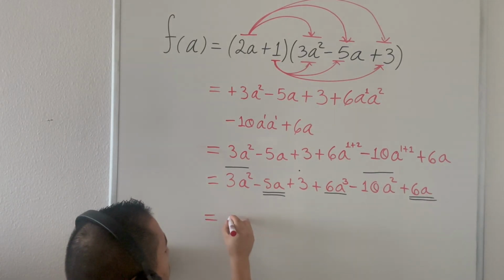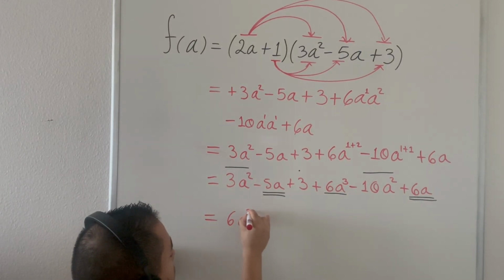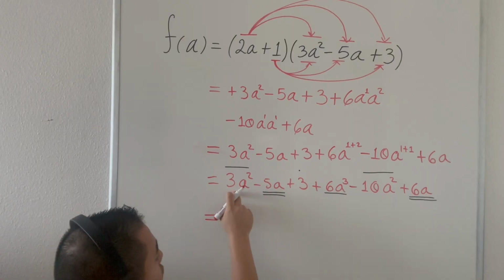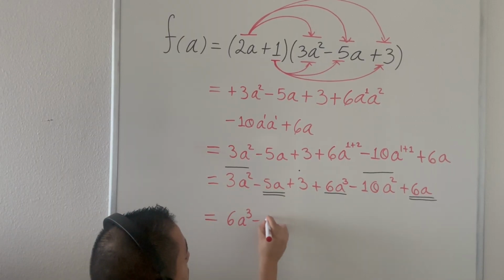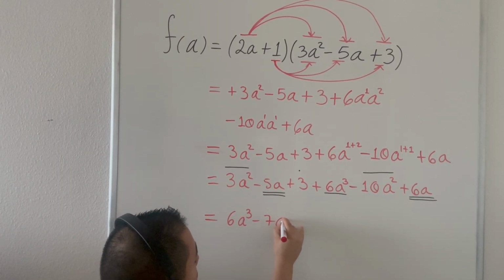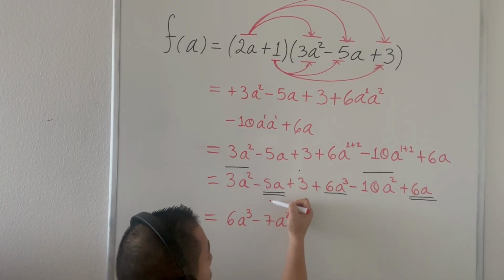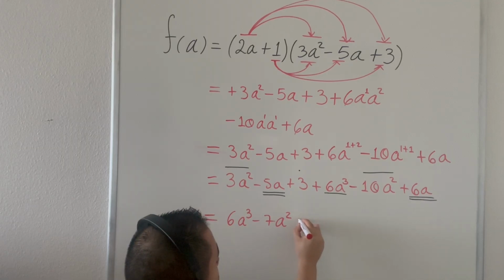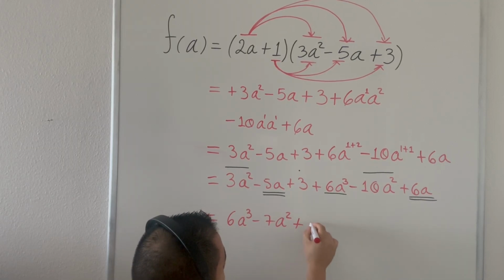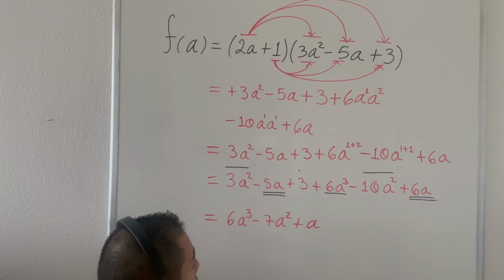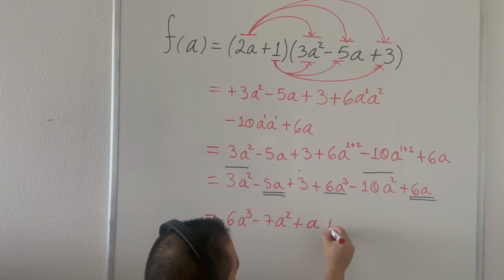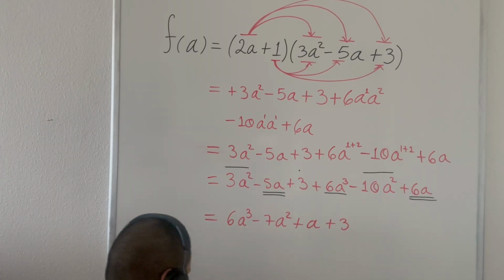We have 6a cubed, and then we have 3 minus 10, minus 7, a squared. Then we have minus 5 plus 6 a. This is plus 1. We can just leave it like this with a, which is the variable. And then we have the single number here, plus 3.